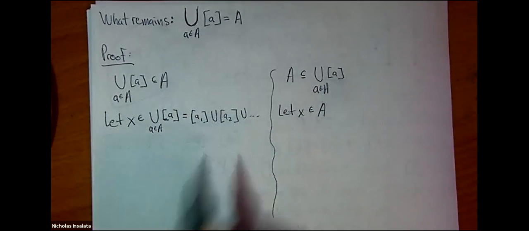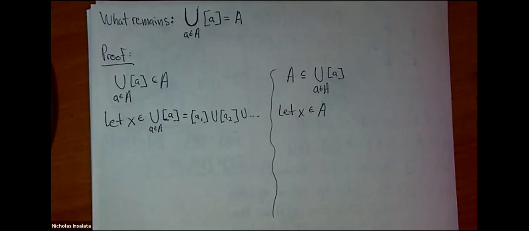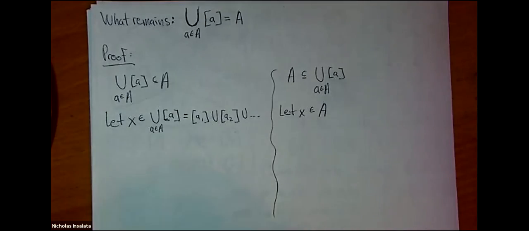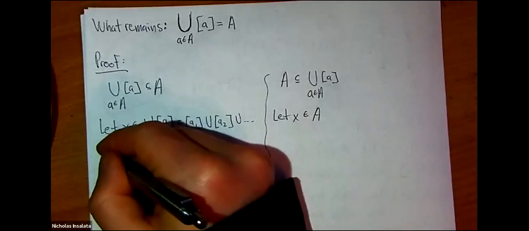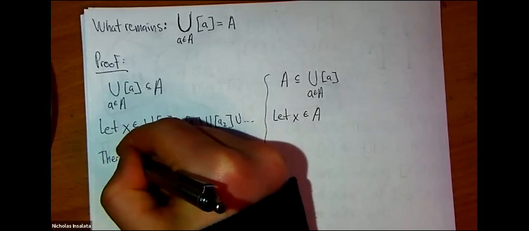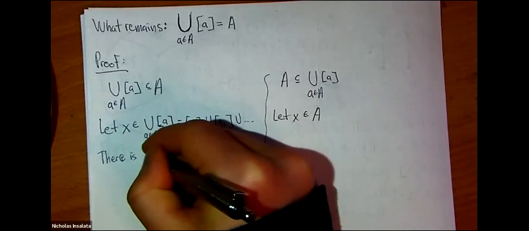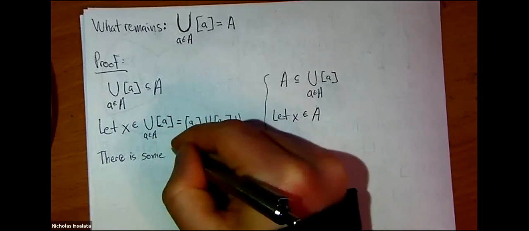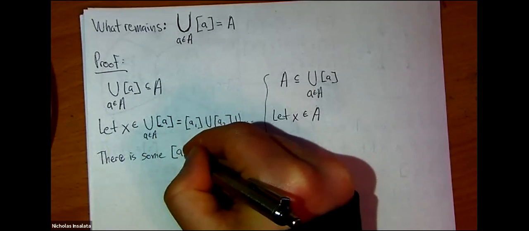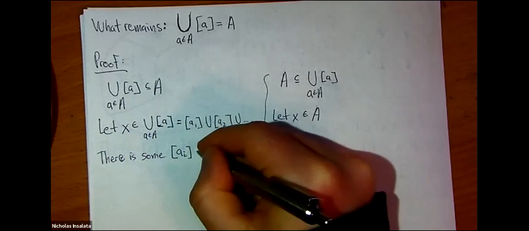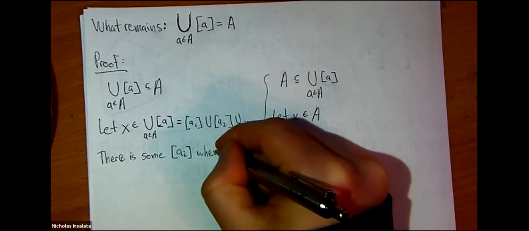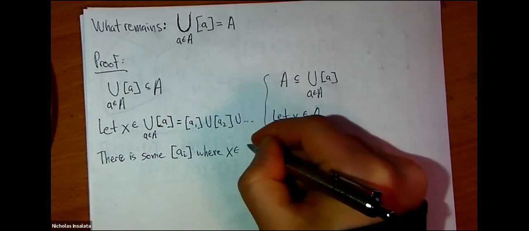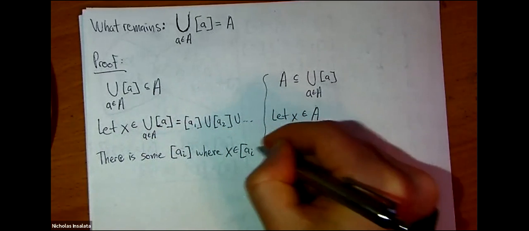We'll number these things, and I think that'll make it easier. If X is an element of this union, then we know that there is some equivalence class of a sub I where X is an element of the equivalence class a sub I.